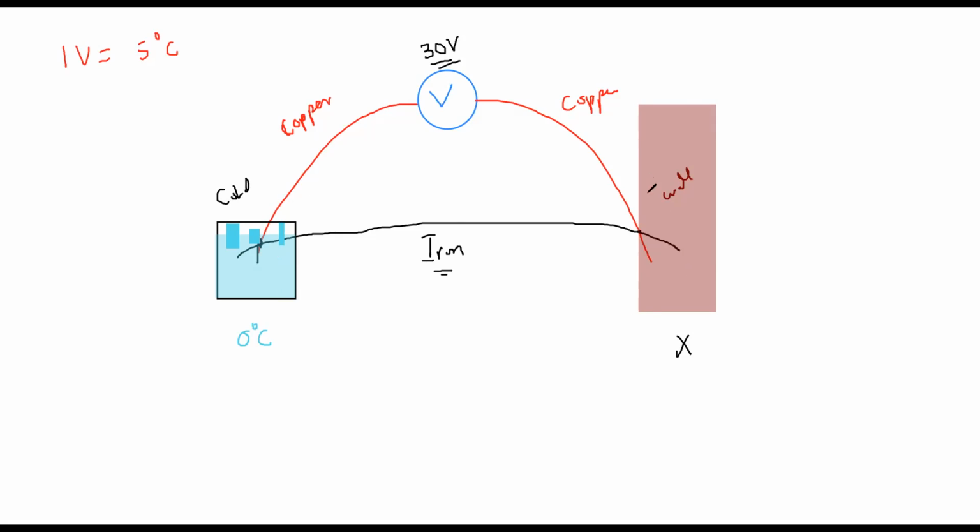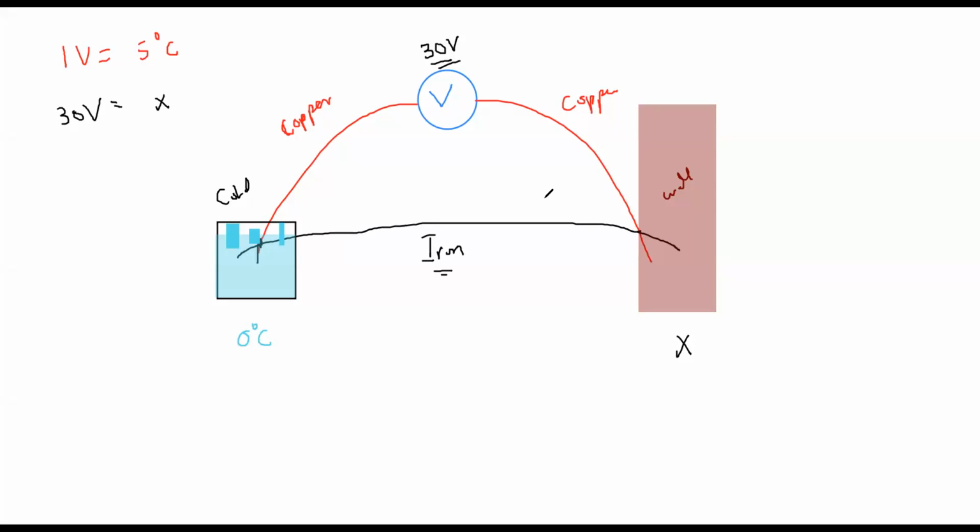So what is the temperature of this wall? If 1 volt is equal to 5 degrees, 30 volts is equal to X degrees, because if 1 volt is equal to 5, then 30 volts is X.